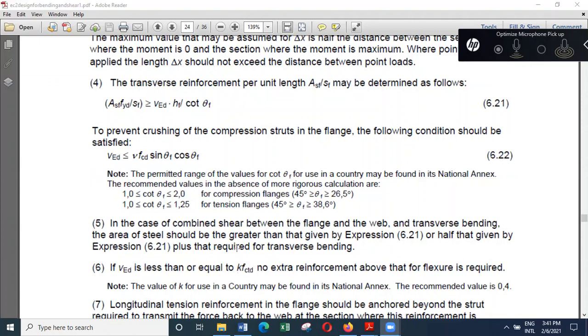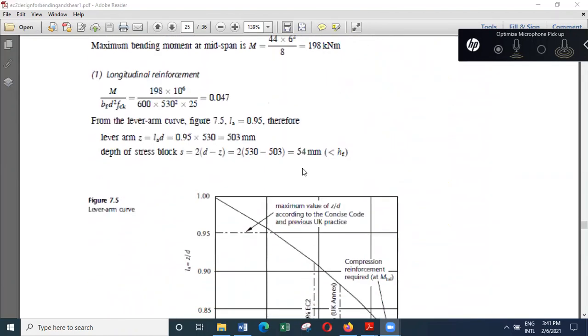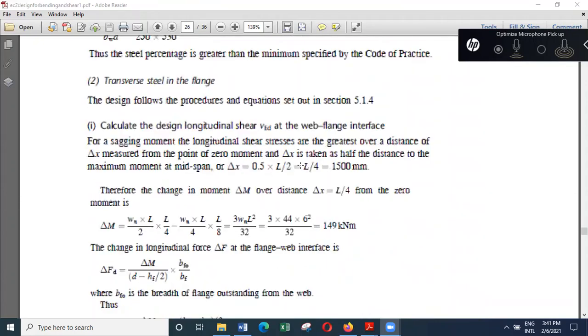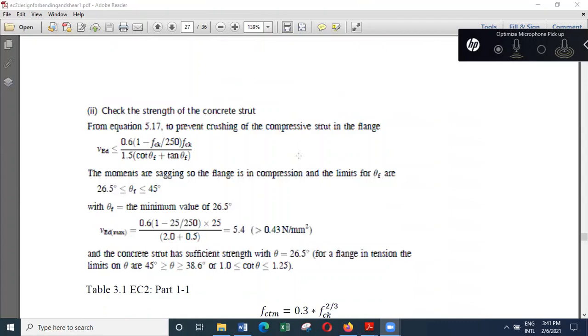So two more checks to be done. What we have found up to now is only this force VED value from the bending moment diagram. Now we have to see whether concrete can crush, and then whether reinforcement is needed. If the reinforcement is needed, we have to use this equation and find the reinforcement. So that is the method. But it's very unlikely that anything serious will happen here.